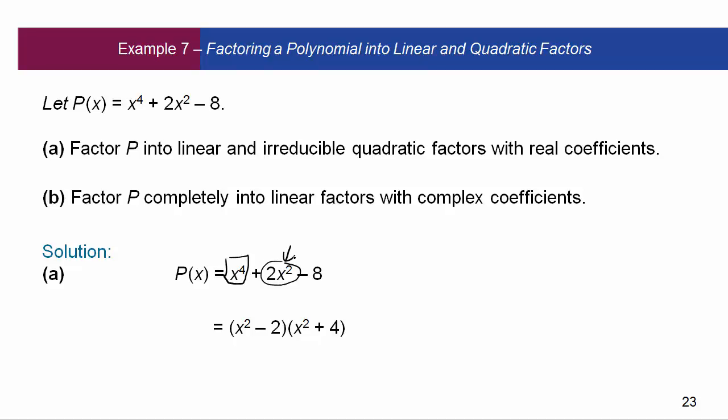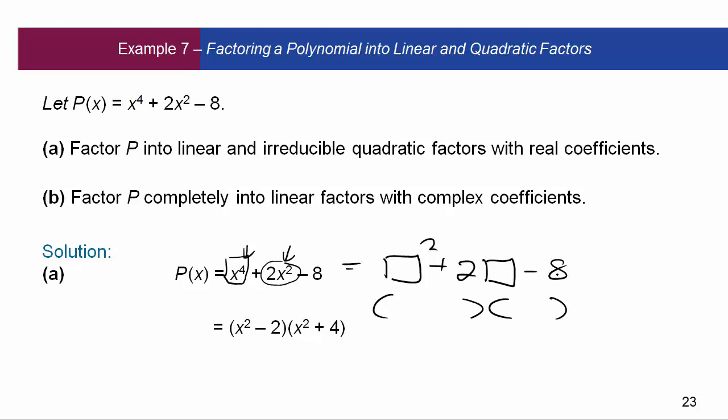So you can see that we have x squared, and then this is x squared squared. So it fits a quadratic, right? It's really of the form something squared plus 2 times that something minus 8. And so we know that we're looking for factors of 8 that have a difference of 2. So 4 and 2 is pretty obvious, right? So we have square minus 2 and square plus 4.